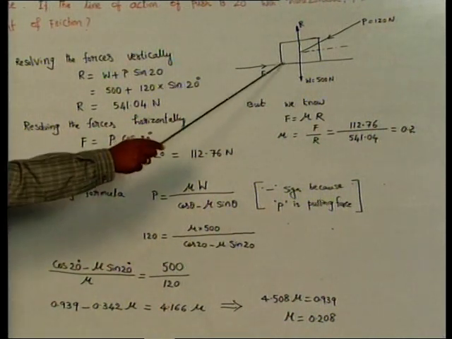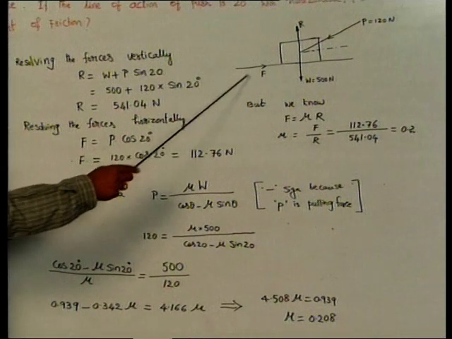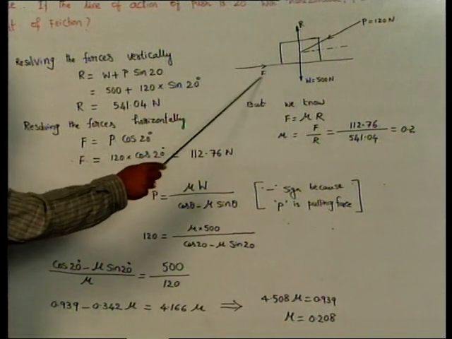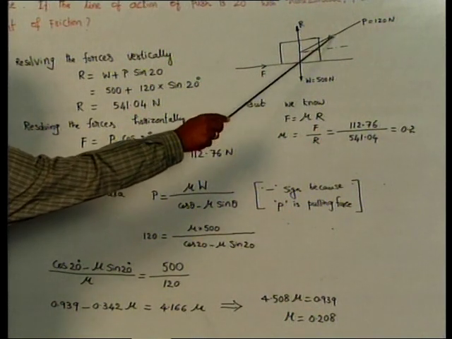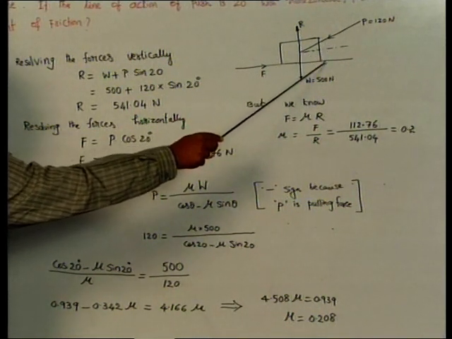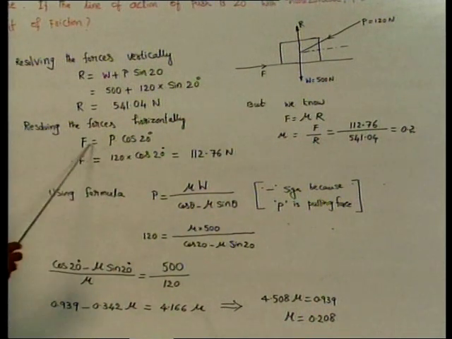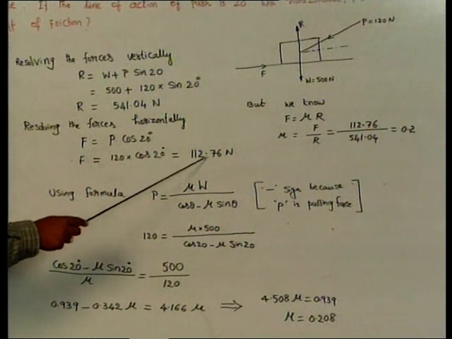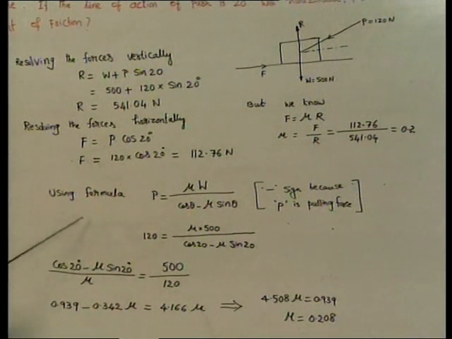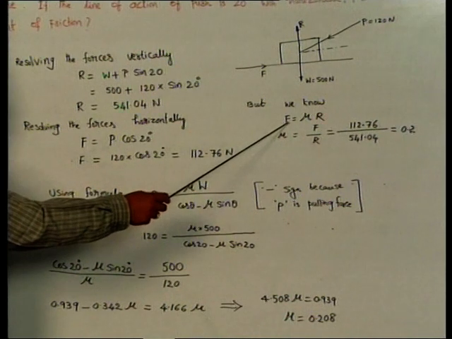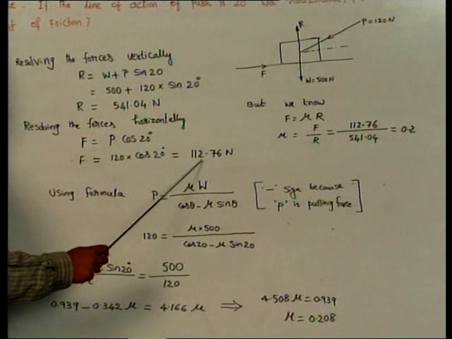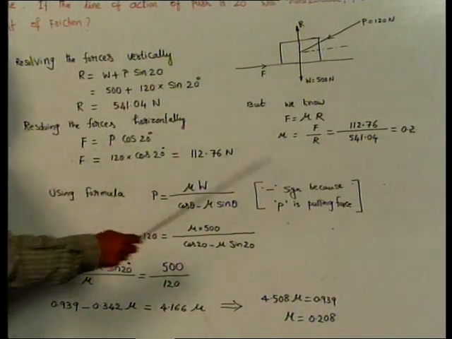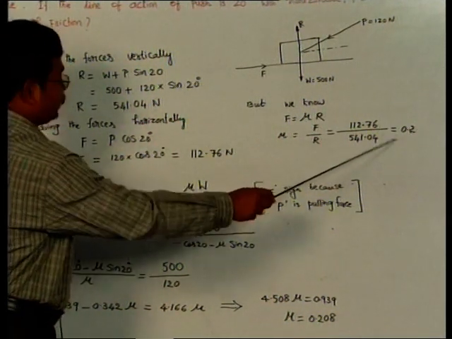Again, for the equilibrium condition, resolving all the forces horizontally, we have F, which is acting in the rightward direction, equal to the other force, that is P cos 20, which is acting in the leftward direction, both are equal. Therefore, F is equal to P cos 20. Substituting, we get 112.76 Newton. So, we know that F is equal to mu R, mu is equal to F by R. Substituting the value of F, the value of R, we get mu is equal to 0.2.